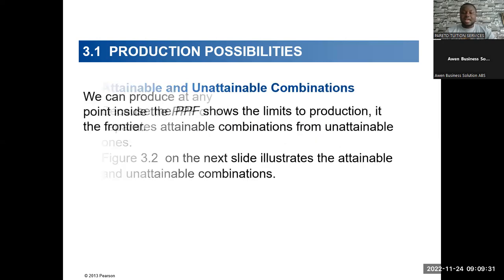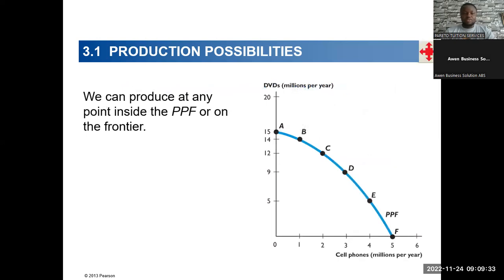Now, I want us to look at the PPF. We'll go back to that. This is the PPF. Okay. Now, we are saying that the PPF can show us attainable and then unattainable combinations of cell phones and then DVDs. Okay. Now, the PPF is seen as our production limit.